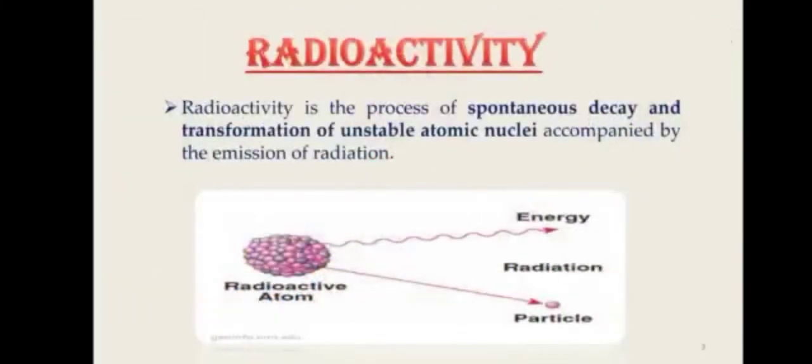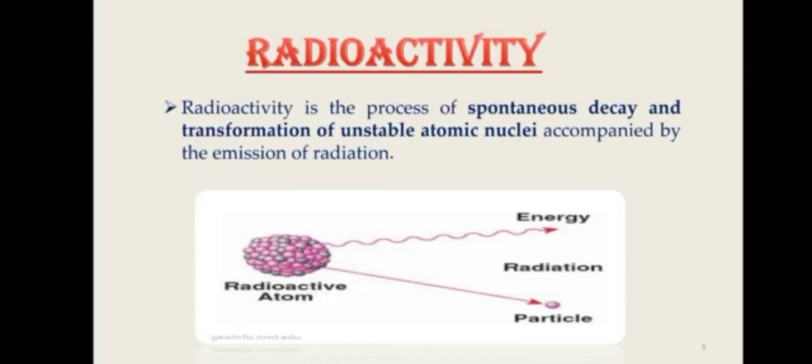Even though our topic begins with the properties of alpha rays, let us have a quick recap on what is radioactivity and the history behind it. As you all know, radioactivity is a process of spontaneous decay and transformation of unstable atomic nuclei to form more energetically stable atomic nuclei, and it is accompanied by the emission of radiation.